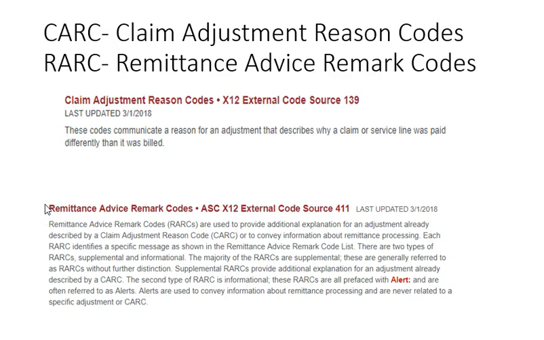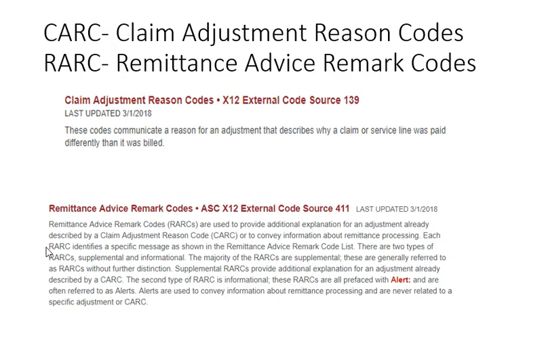These are somewhat external to the ASC X12. And you can see, hopefully here, remittance advice remark codes are used to provide additional explanation for an adjustment already described by the claim adjustment reason code, which is what we just saw. We saw that there was a denial and then additional information as to why.